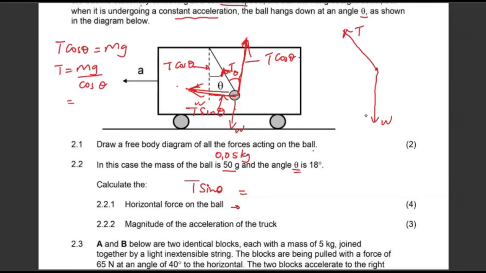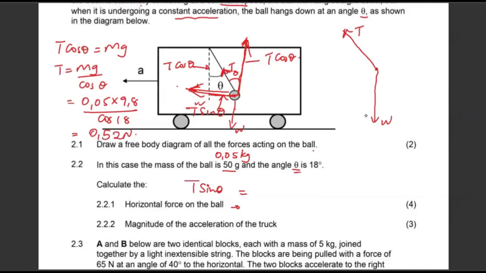So if I do that, then this is going to be my mg, which is 0.05 multiplied by 9.8 over the cos of 18. So what is my tension? Let's punch this: 0.05 multiplied by 9.8, and you're dividing it by the cos of 18. That gives me 0.52 newtons.